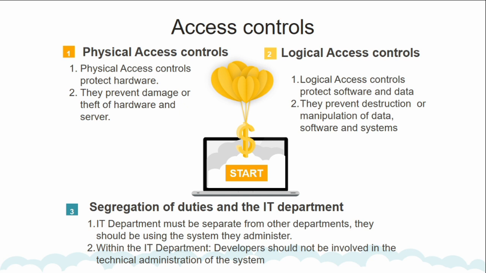Now, there's two types of segregation of duties that I want to talk about. First, the segregation of duties between the IT department and other departments. You cannot have someone in the finance department who has complete access to the IT department. Why? Because in the IT department, specific data, software and hardware is stored that should not be accessed by anyone else but IT department staff.